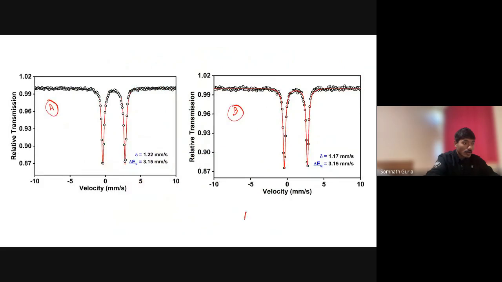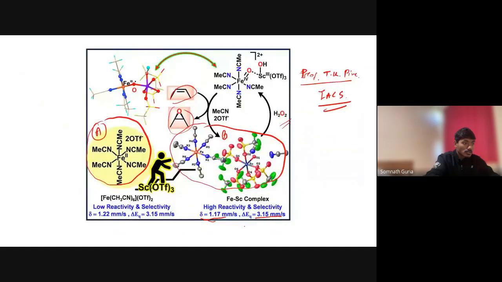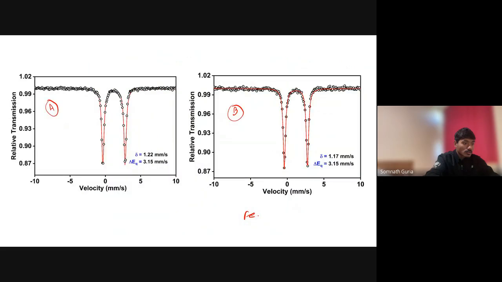We have iron over here, and then it's coordinated here. This is the positively charged species, radical coordinated, and then we have the scandium over here.